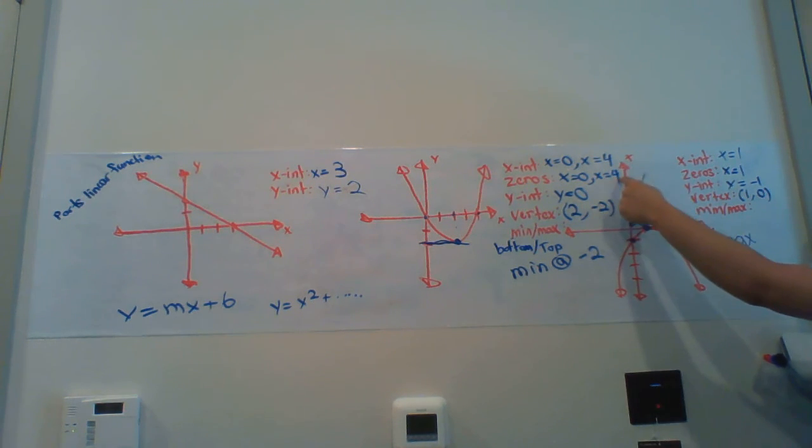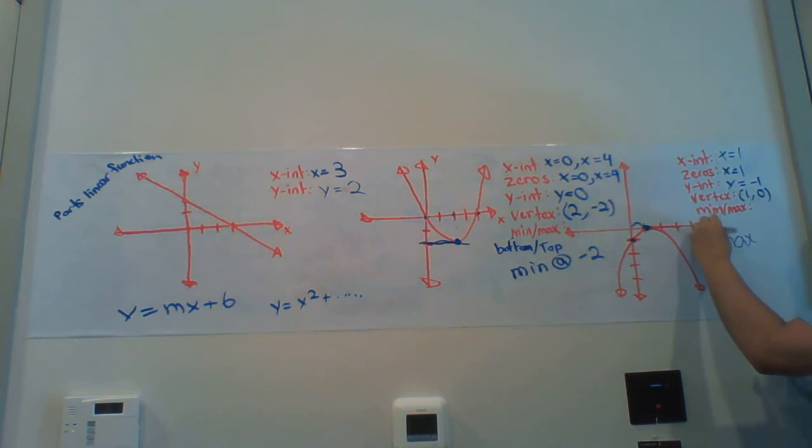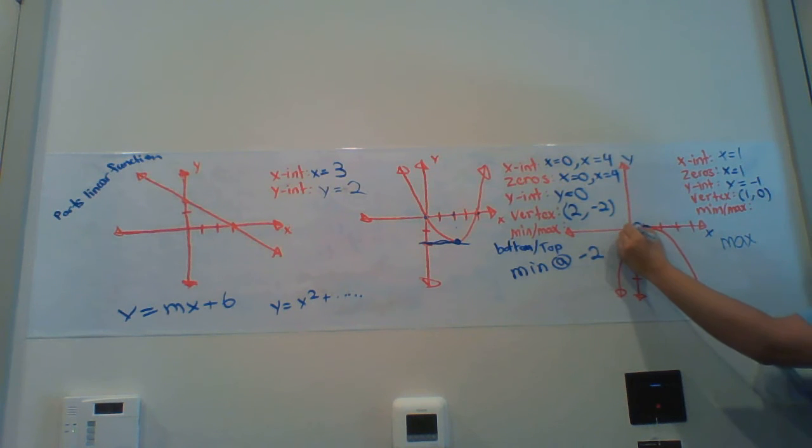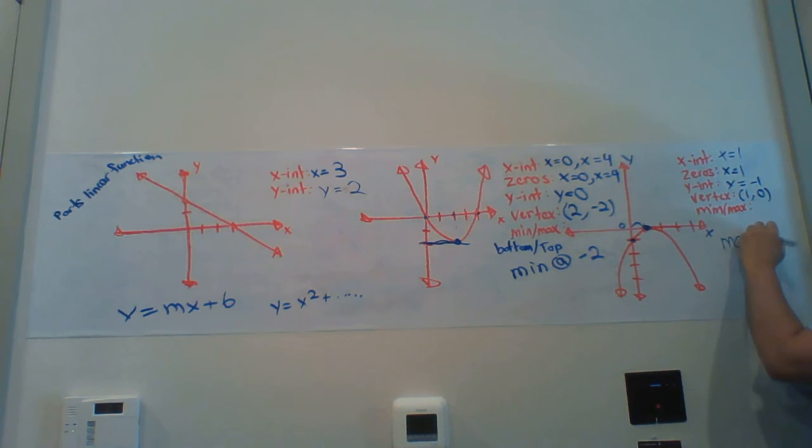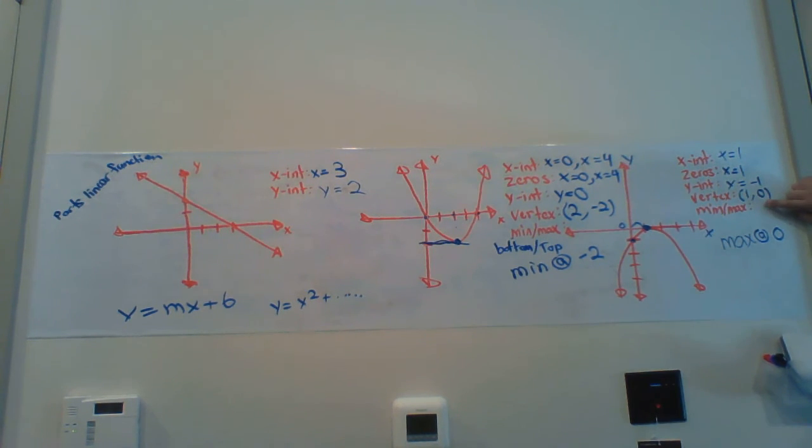And we're looking at the y value. Oops, I didn't even realize that these axes switched. We're looking at the y-axis, and we're looking at the vertex. This is at 0, so I know that my max is 0. And if you see the actual coordinates of your vertex, the maximum value and the y value of your vertex are the same.